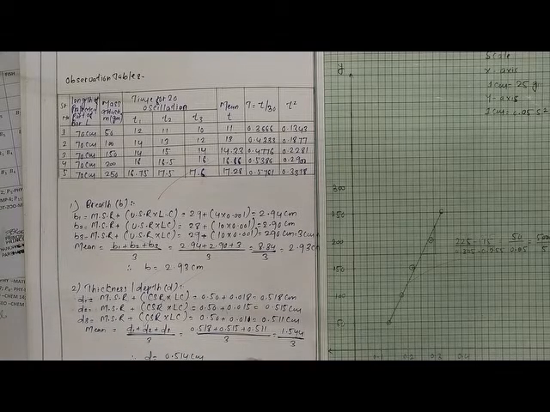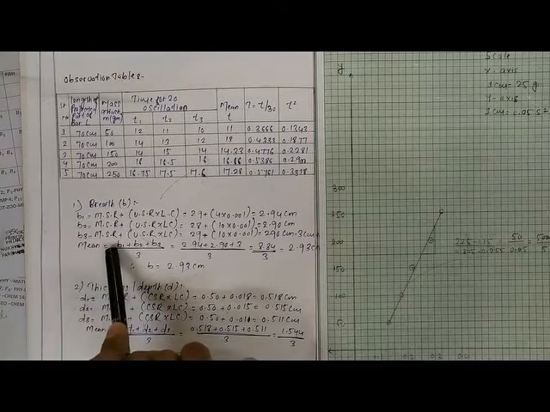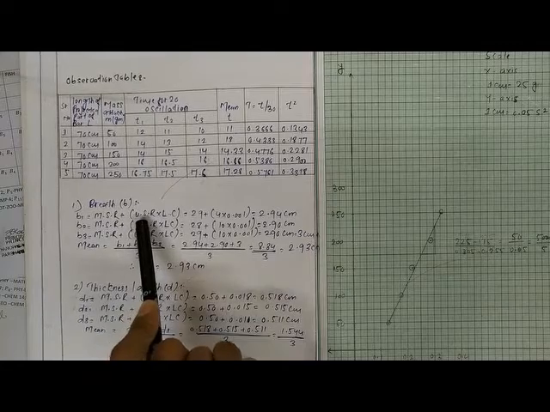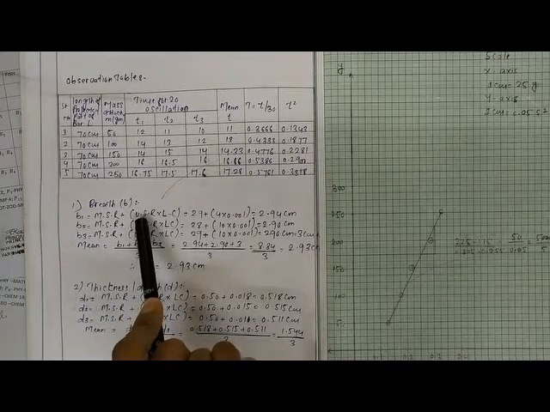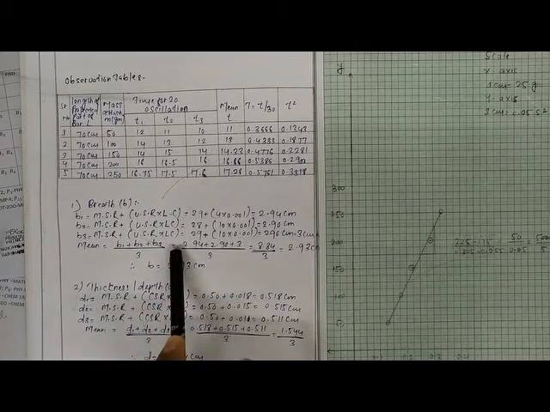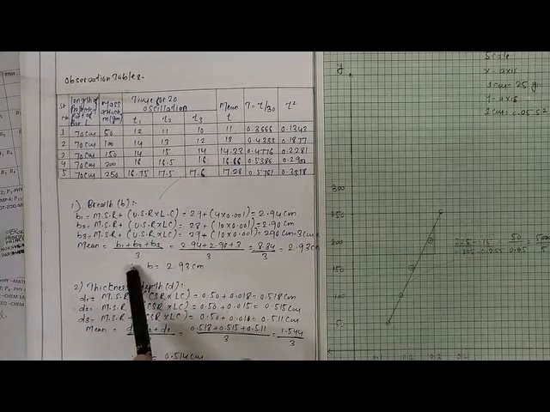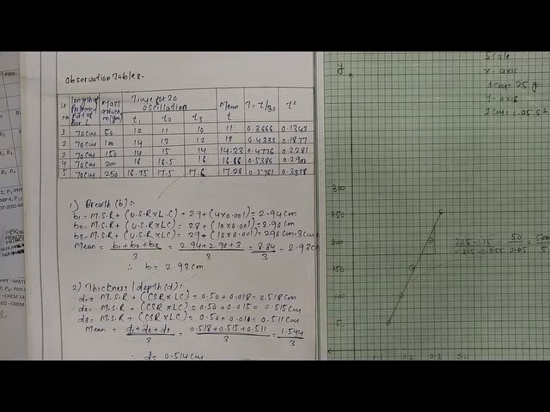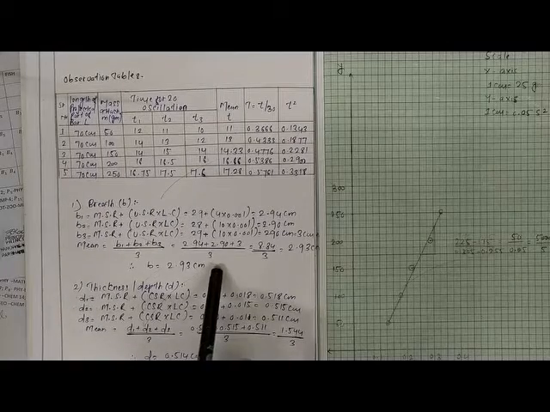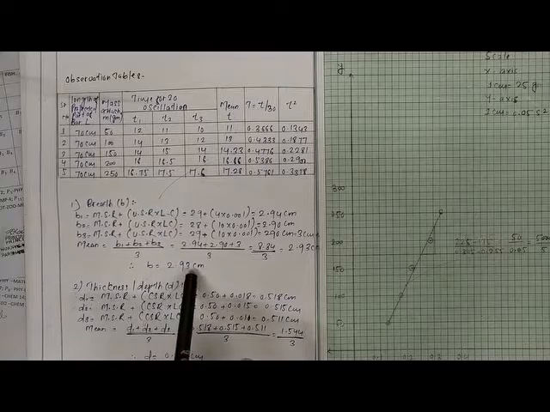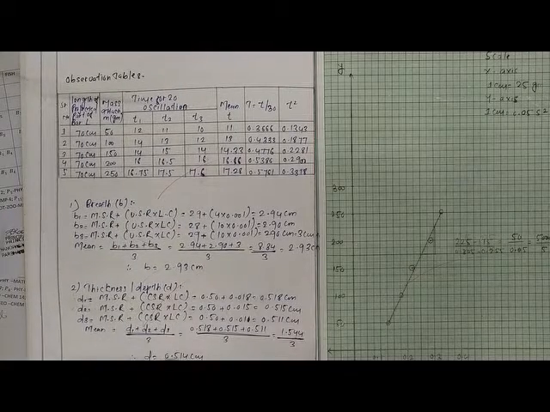By using the vernier caliper, we have to take the main scale reading and the vernier scale reading, and we know the least count of the vernier caliper is 0.01 centimeter. So we get the breadth as about 2.93 centimeter, and the thickness about 0.514.